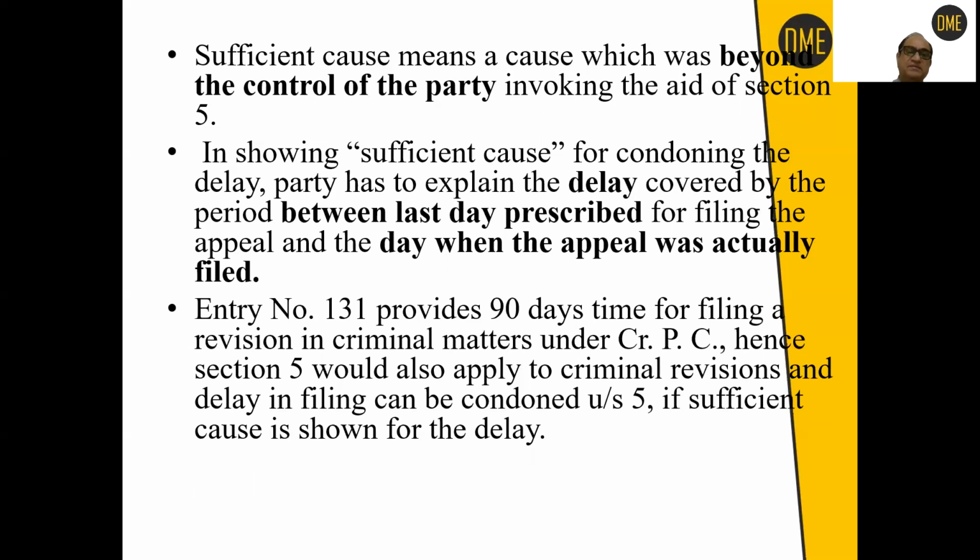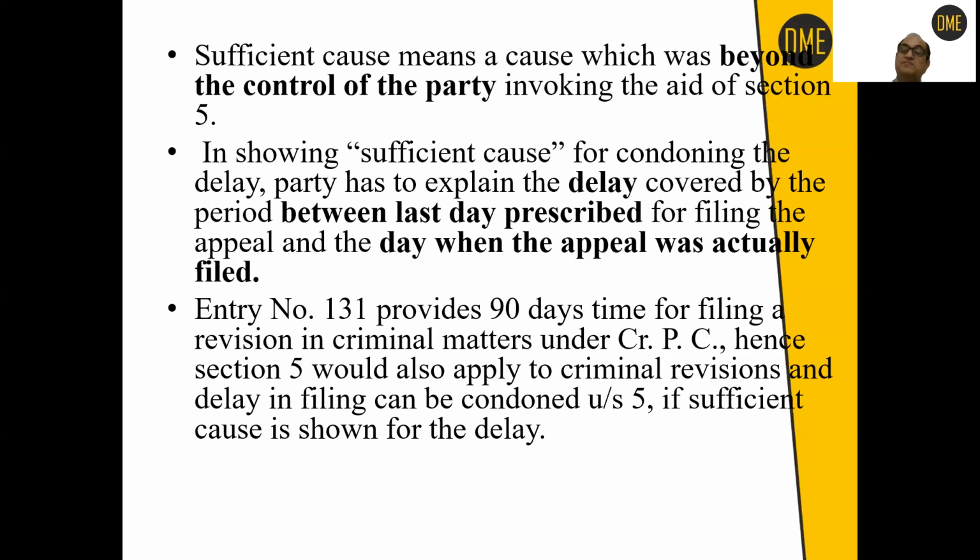Say for example, we discussed it earlier also that entry number 131 of schedule attached to the Limitation Act provides 90 days time for filing a revision in criminal matters under CRPC. Hence, Section 5 would apply to criminal revisions, and delay in filing criminal revision can be condoned under Section 5 if sufficient cause is shown for the delay.